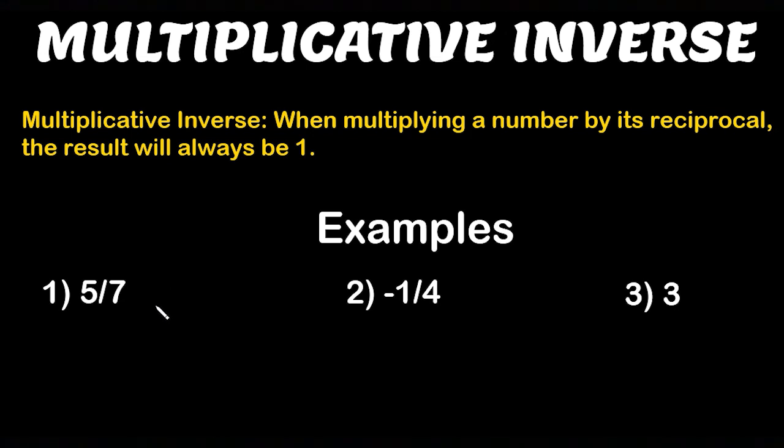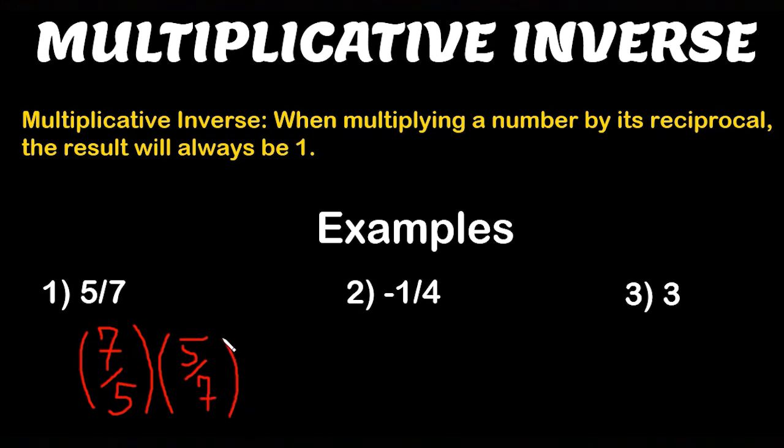So we write 7 over 5, and now we multiply by 5 over 7. We can see that the 7 will cancel, and then the 5 will cancel, and you're just left with 1.